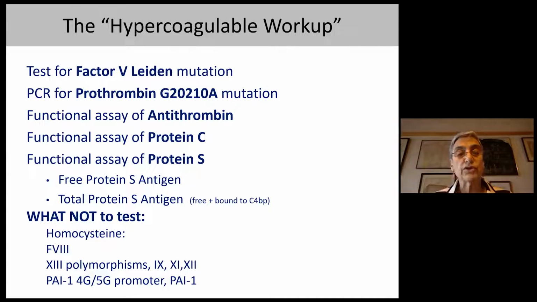There are also functional assays of antithrombin 3, protein C and protein S, all of which are quite rare. And we do not encourage testing for homocysteine, factor VIII, factor 13 polymorphisms, and other rare variants, which we really don't think have that much of a contribution to thrombosis.